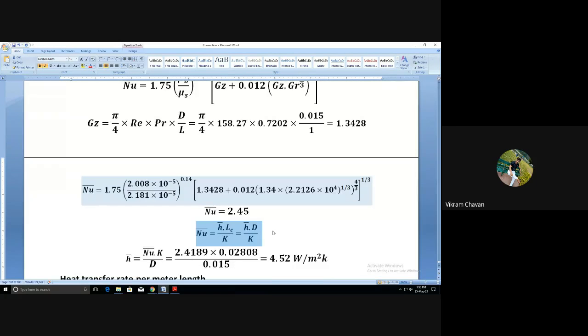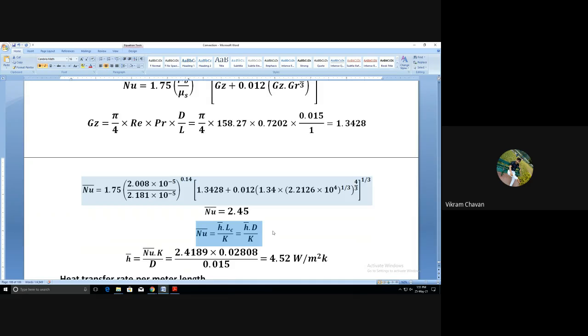We are considering the average Nusselt number, so the heat transfer coefficient will be the average heat transfer coefficient, h bar times Lc divided by k, where Lc is the characteristic length or hydraulic diameter. We can write this as h bar D divided by k, as in the case of a circular pipe the diameter is the characteristic length or hydraulic diameter. So h bar D divided by k is the Nusselt number.